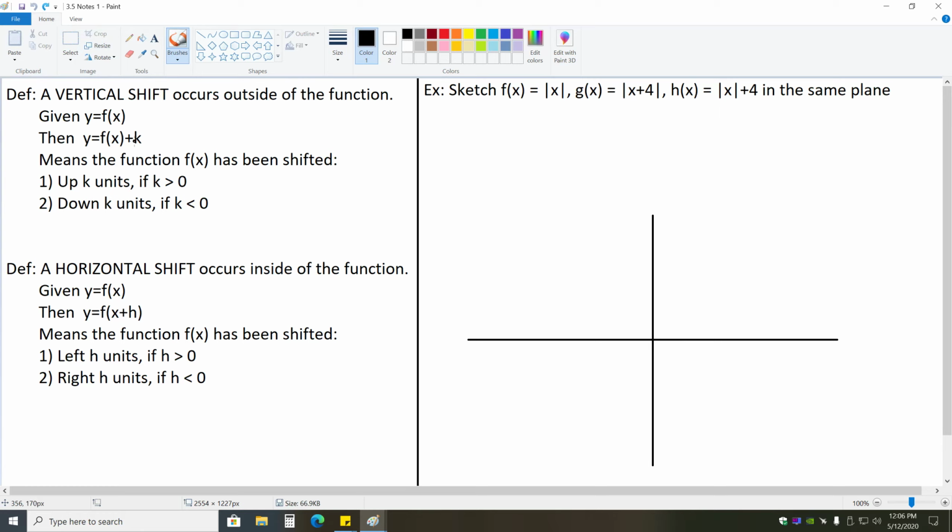So the first couple of transformations we deal with are vertical and horizontal shifts. We say a vertical shift occurs outside of the function.